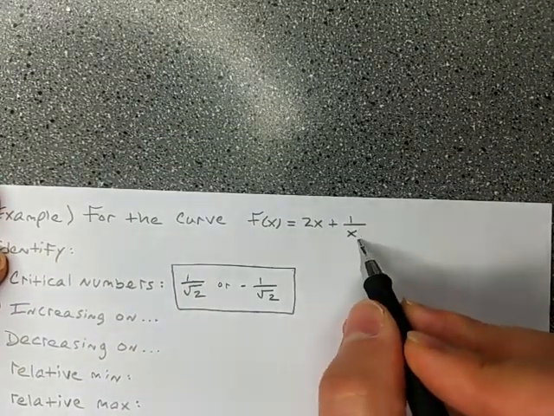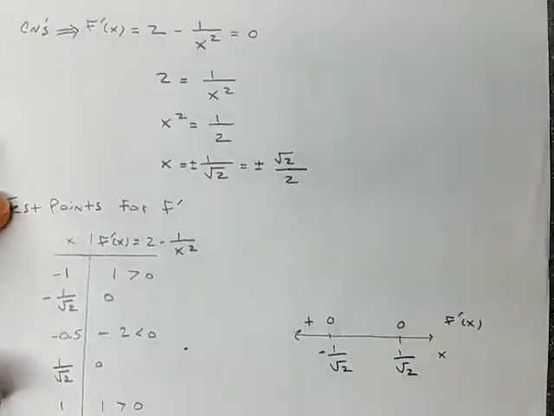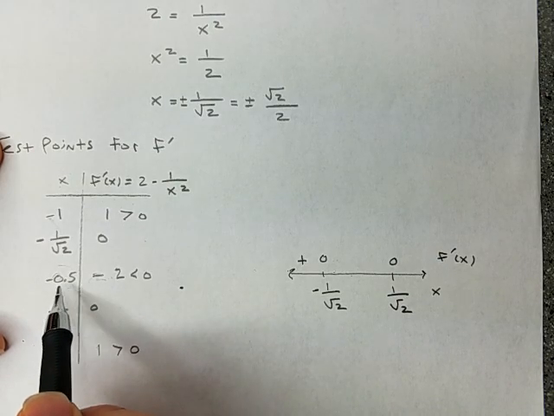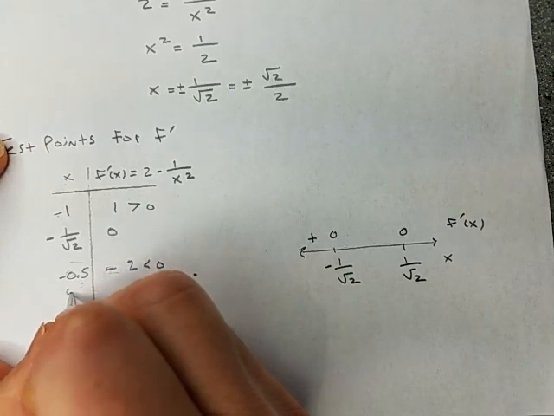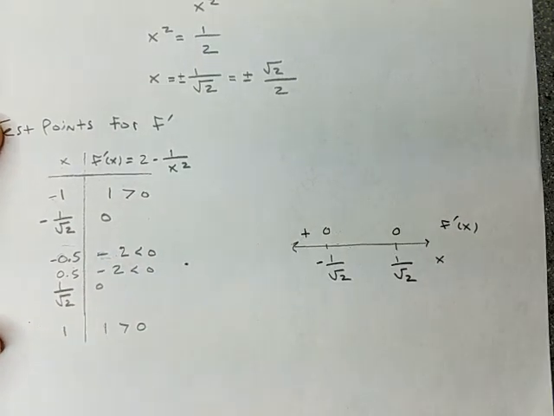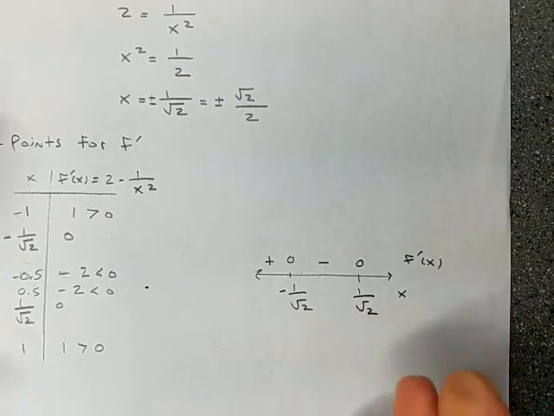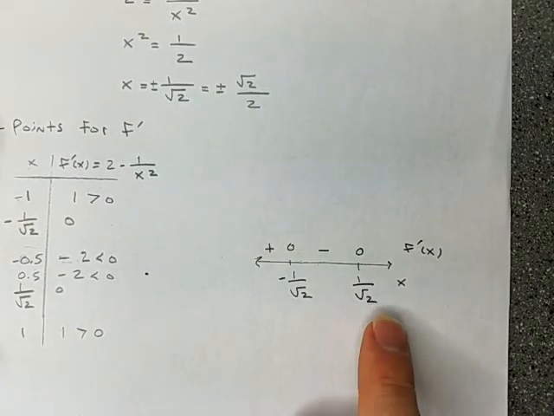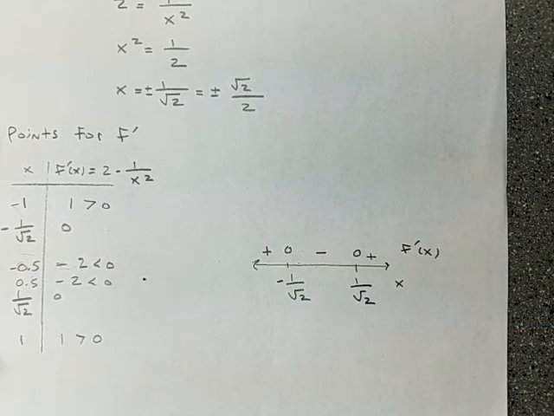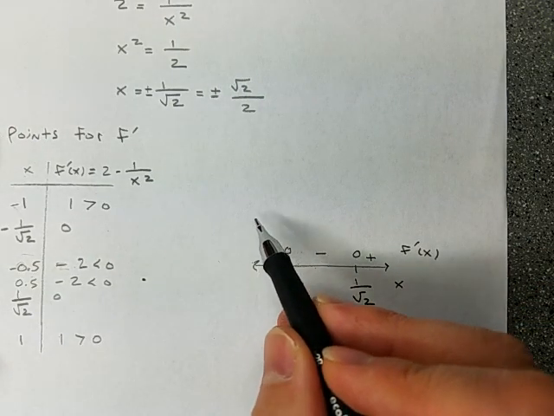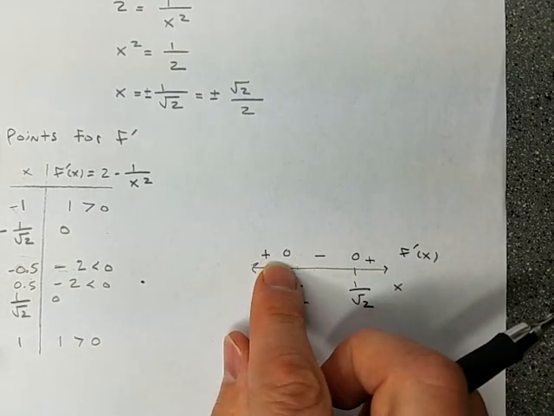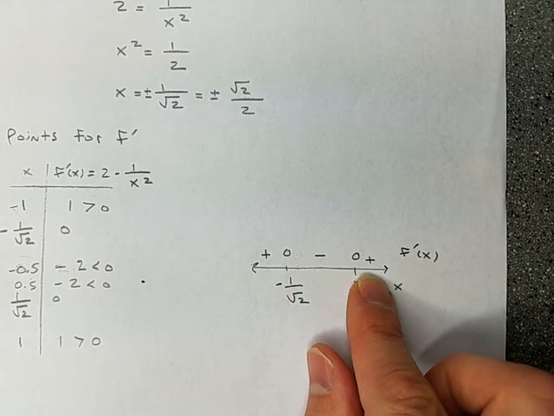It's not continuous at 0. It has a vertical asymptote. But I can tell from negative 0.5 or positive 0.5, I'm going to get the same result. The derivative is negative, so it's going to be falling in there. And then to the right of that, I got 1, that's positive. So it's going to be rising, falling, falling, rising. So I'm going to get a maximum here and a minimum there.